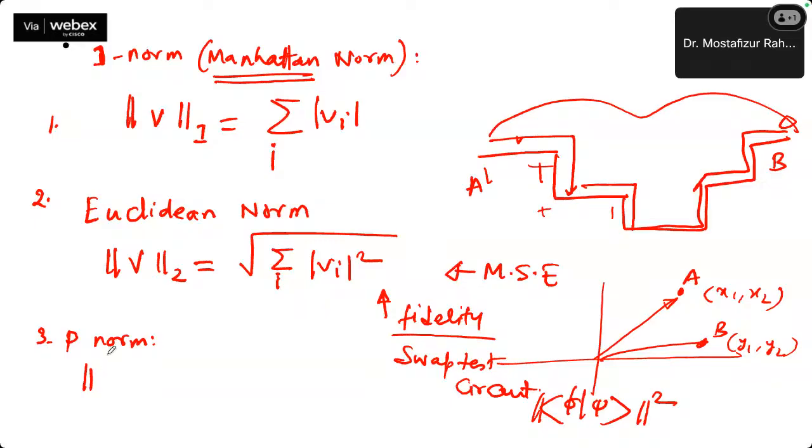The p norm is defined as the sum over i of |vi| to the power p, and the whole thing to the power 1 by p after doing the summation. For matrices, there are some additional norms.